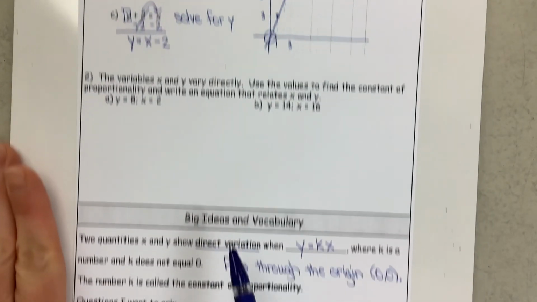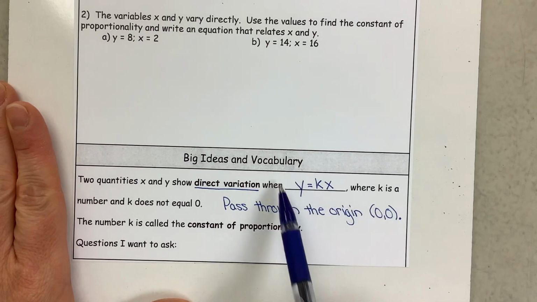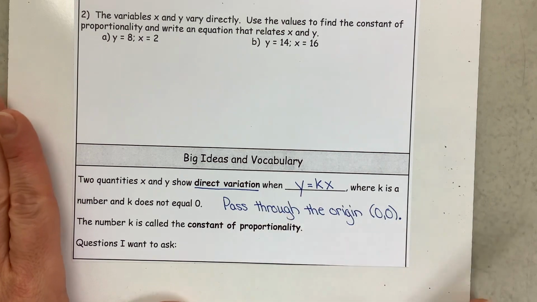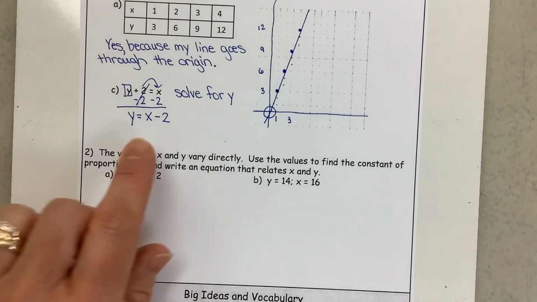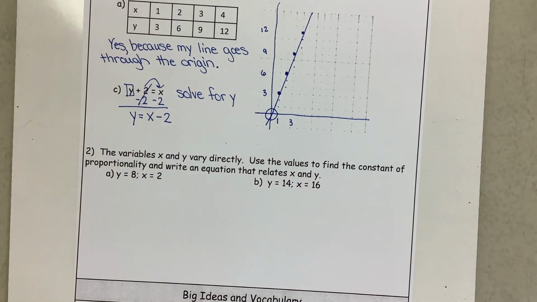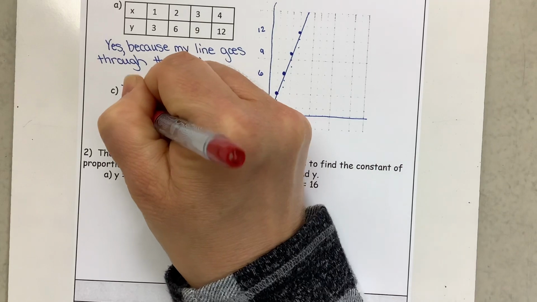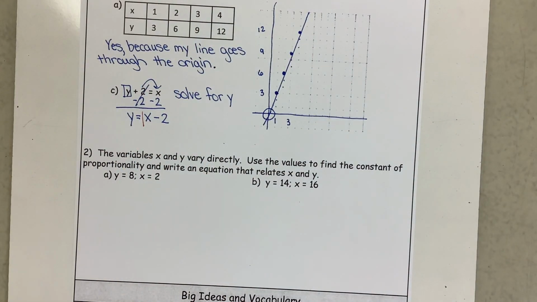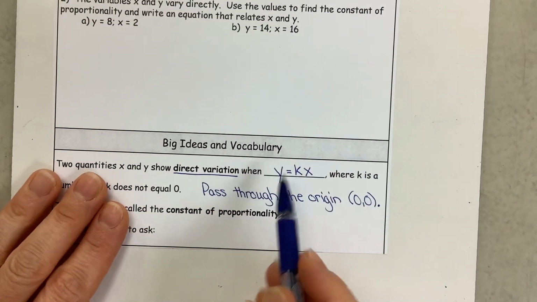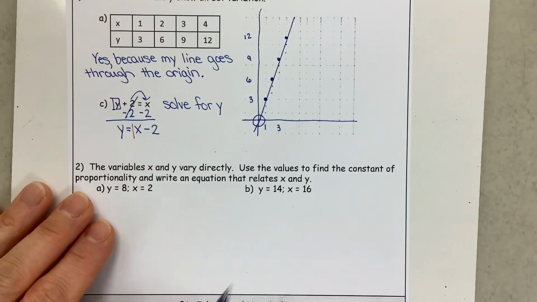Now, if we look back down to where we wrote what direct variation was, it has to have the equation y equals kx. But when I look up here, I have y equals, we could say k is 1, right? We could say that. So kx, but this has this minus 2. With that minus 2, it is not proportional because it does not fit this equation y equals kx.